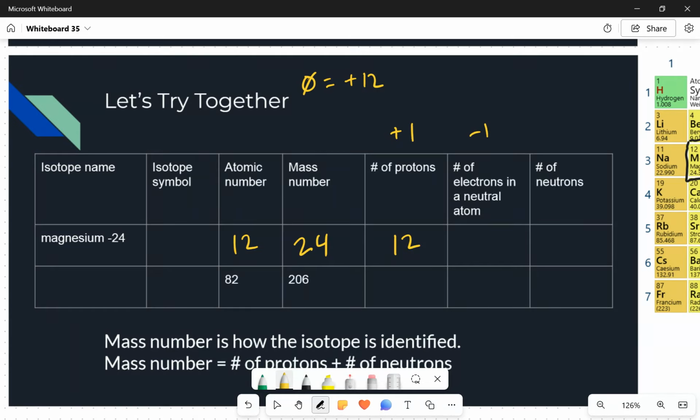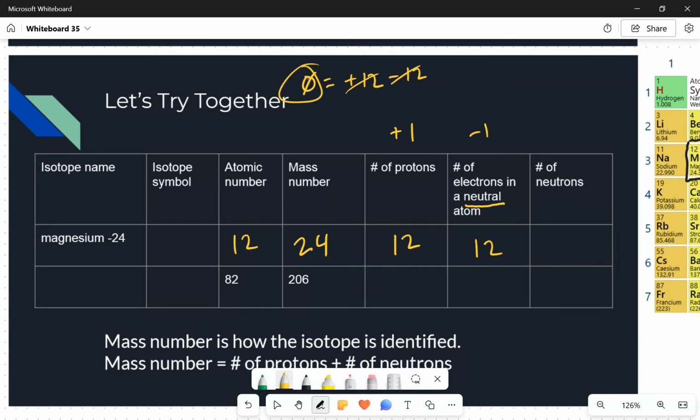So, if I have +12 and I want to get to 0, the only way to do that is to have the same number of minus charges, right? So if I have 12 minus charges, then I have +12 minus 12. Those cancel out, and what I'm left with is 0. So in a neutral atom, the number of electrons has to be equal to the number of protons. Now we're going to talk about this later, but this only applies to neutral atoms, okay? And that's an important caveat, okay?